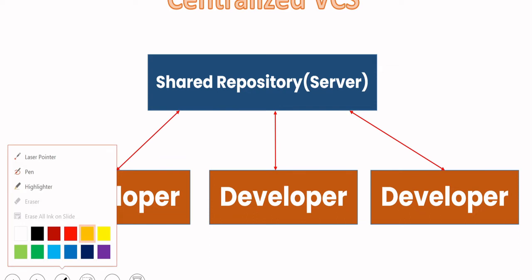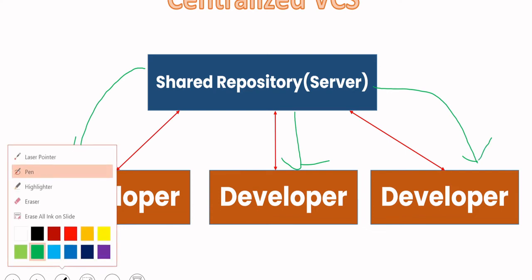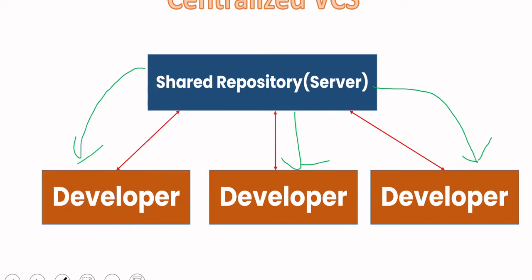This shared code, developer 1 will take a copy, developer 2 will take a copy, and developer 3 also will take a copy. Now developer 1 will make his changes. After making the changes, he will push them into the central repository again. Similarly with developer 2, and similarly with developer 3.